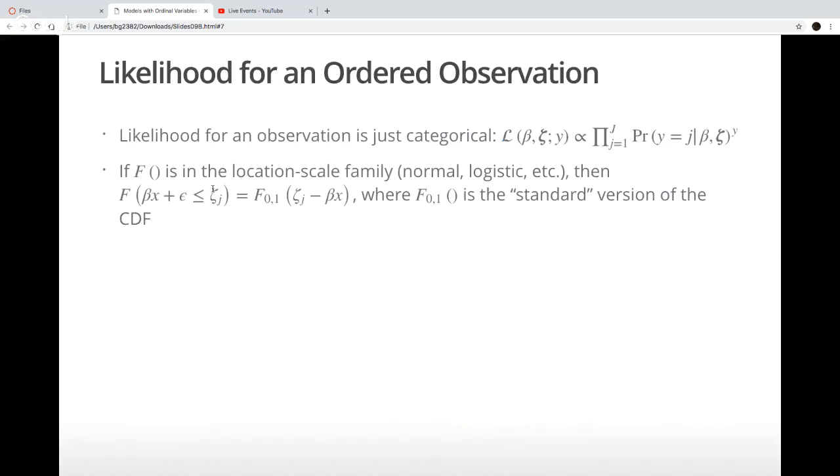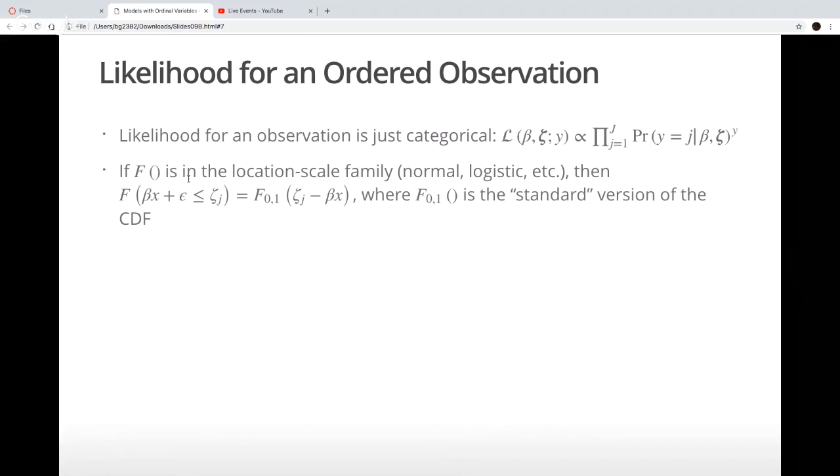So the likelihood for one of these ordinal models, or the likelihood contribution of each observation to the likelihood of data and the cut points, which here I've represented as data, is just going to be categorical. And so really the only thing that's kind of tricky about these sorts of things is how to set up the probability that Y is in the ith category or Y is in the jth category for the ith person or whatever.